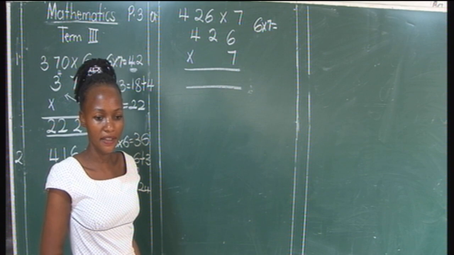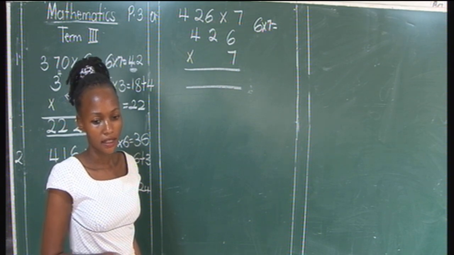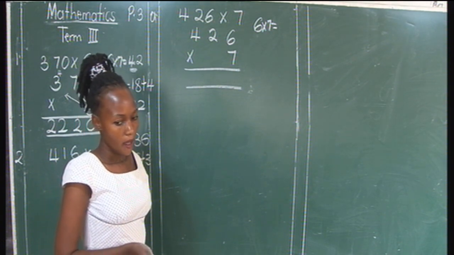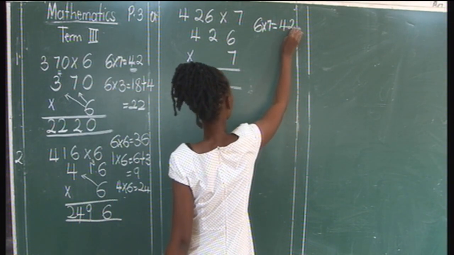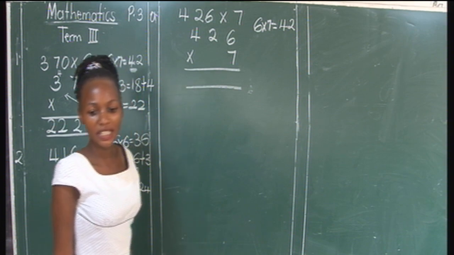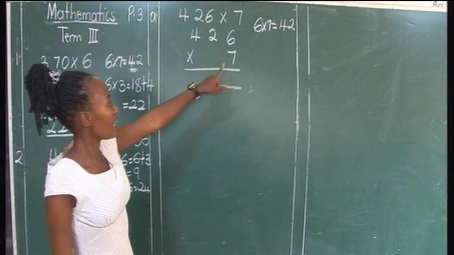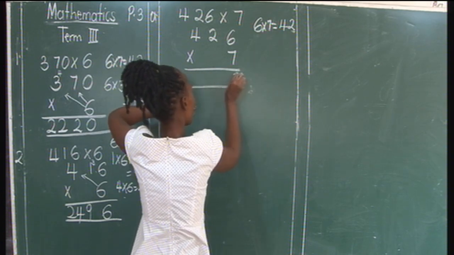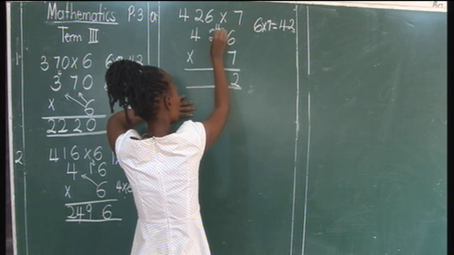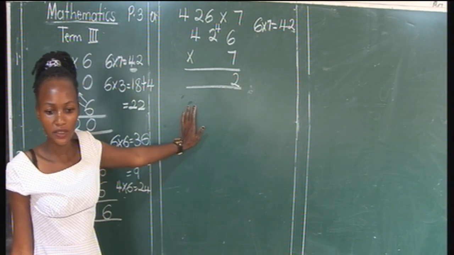Alright, we shall have our 42. Then as we did 42, we shall write our 2. This one, the smaller place value, we write 2, we carry 4 to the next place value.